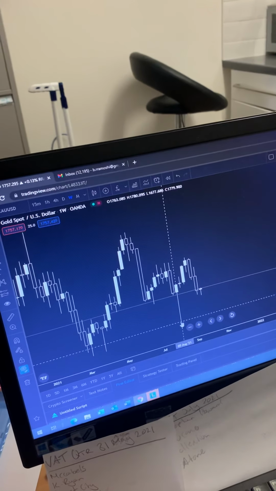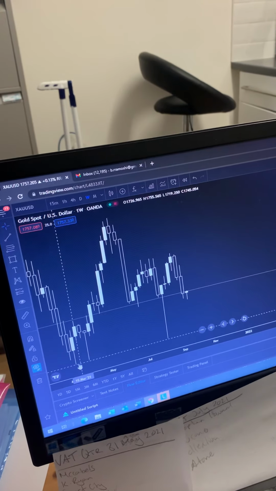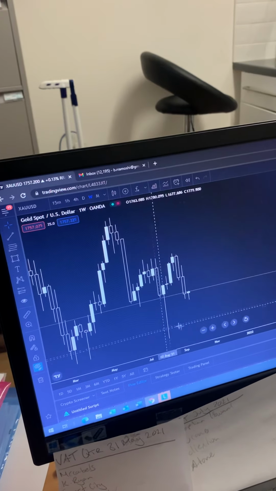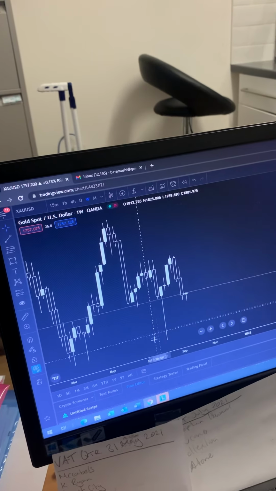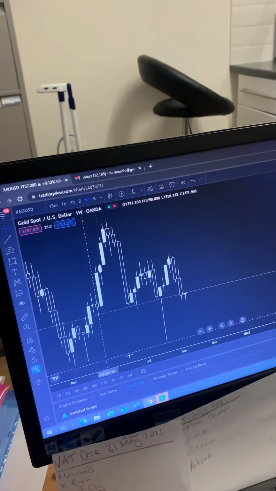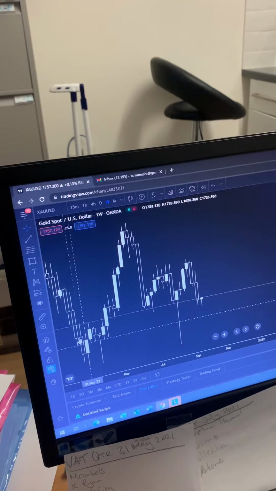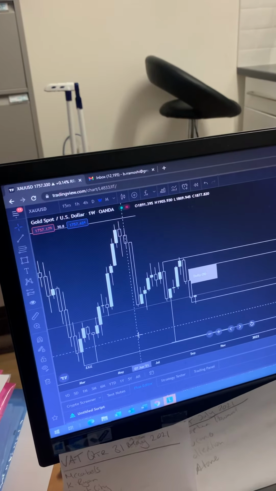It looks like they've been raided here, but it didn't quite get below these lows. Because the spreads on brokers are different, for a lot of brokers their chart may show that those lows were raided, but on the chart that I'm using these equal lows weren't raided. So I've marked this liquidity at the equal lows as well.